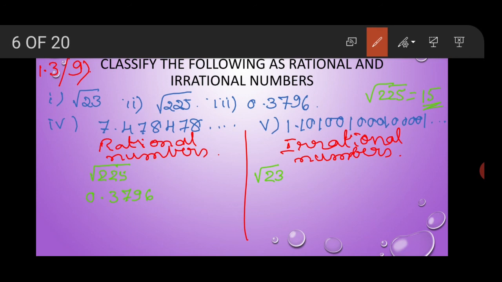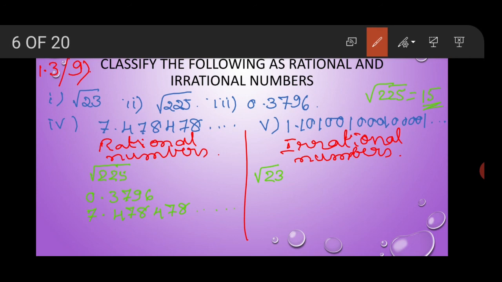No. Is it repeating? See here, 478, again 478, again 478. So it is repeating. It has a repeating decimal expansion, so it should be under rational numbers. Write down 7.478478478, like that.